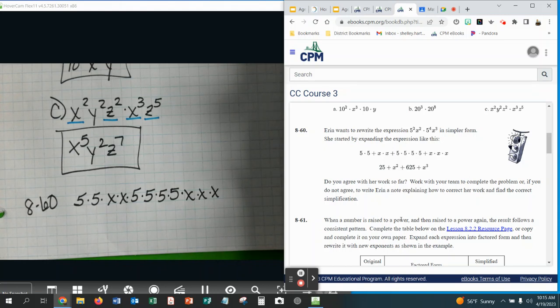They want to know, is she right with her 25x squared, 625x cubed? That's her answer. They're wanting to know if this is right. Is this right? No, Sebastian, why isn't it right? Take your time.